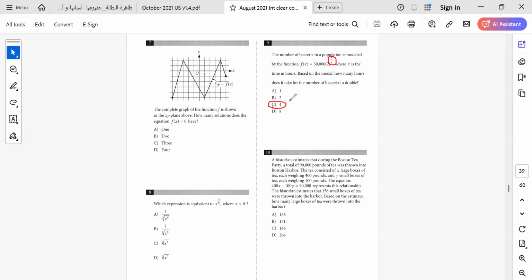If it is x only, it means every hour it's doubled. If it is x over 4, every 4 hours it's doubled. If it is 4x, it's every quarter hour, every 15 minutes. Here, 4 hours will double one time, but 4 times in 1 hour means every quarter hour.